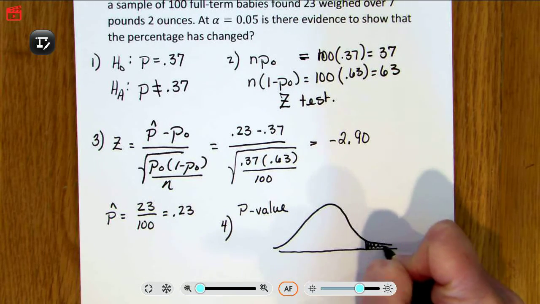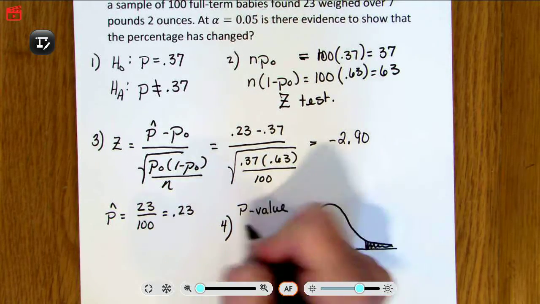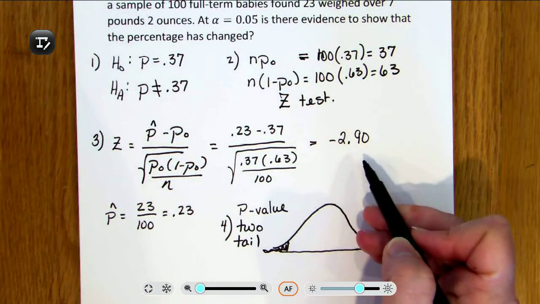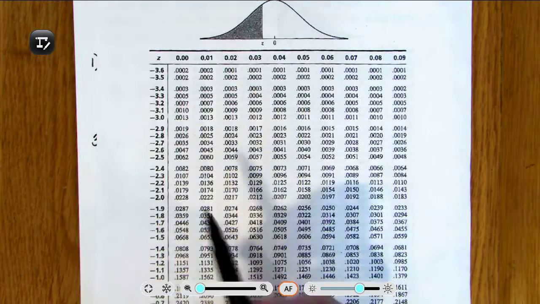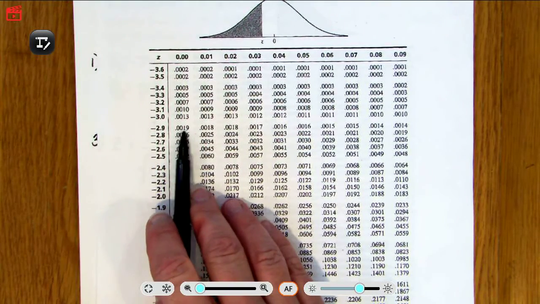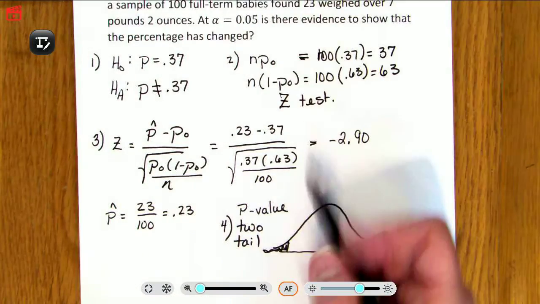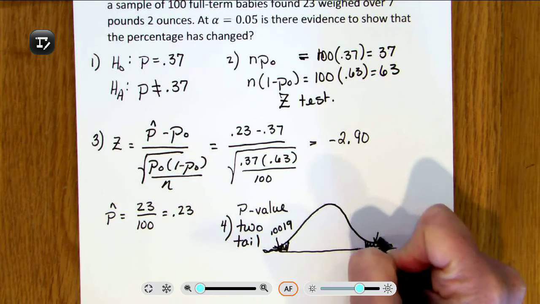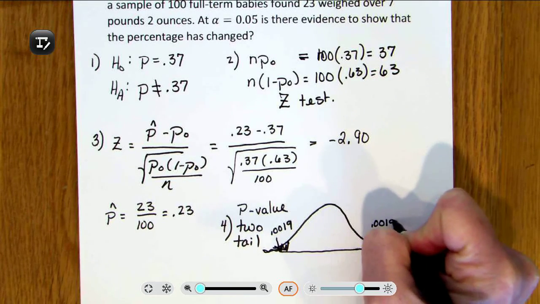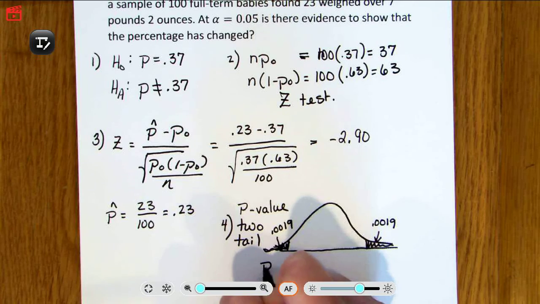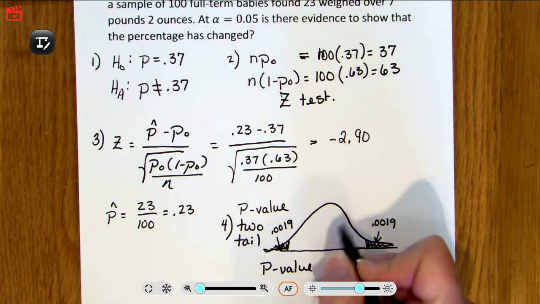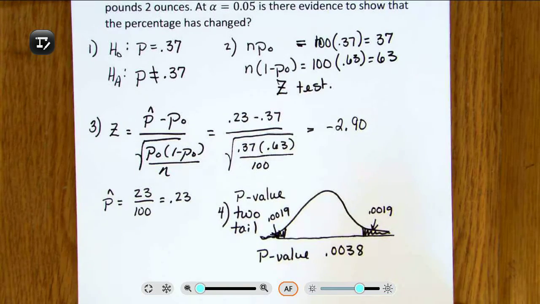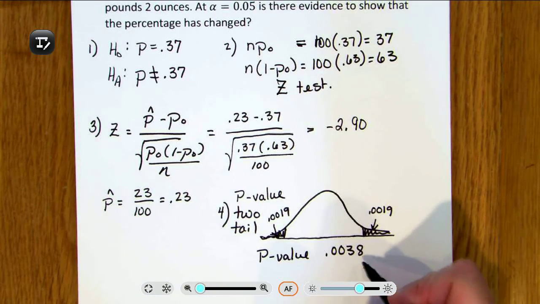So we're going to have 2 tails, and we're going to look at negative 2.90, which is 0.0019. Since we have a two-tail, we will also put that 0.0019 on the other side. So our p-value is going to be 0.0038. I'm adding those 2 tails together to get that p-value.